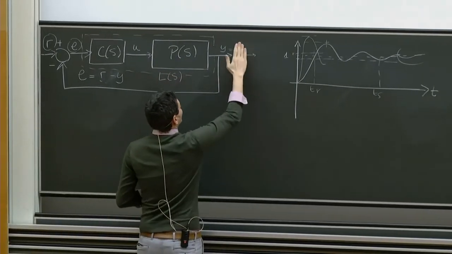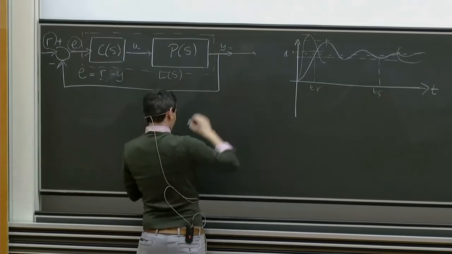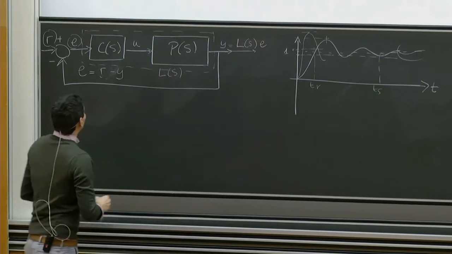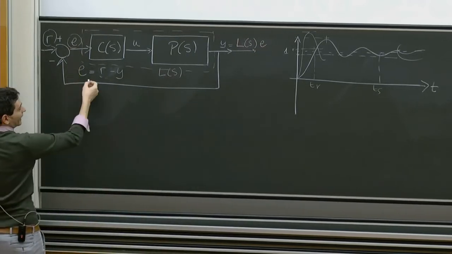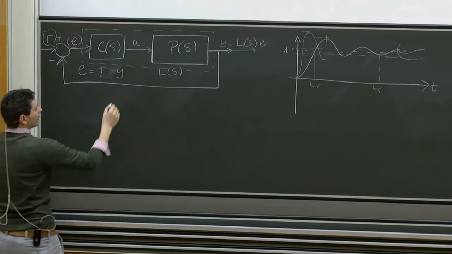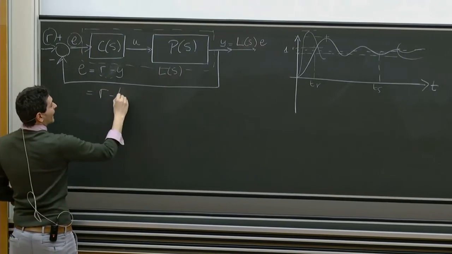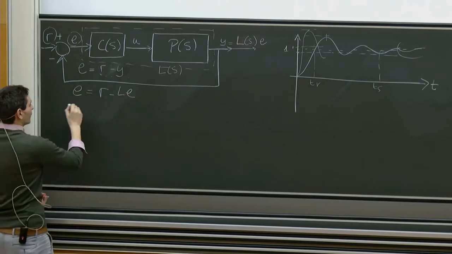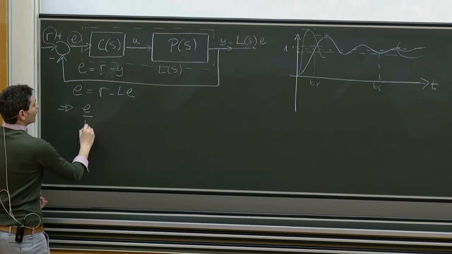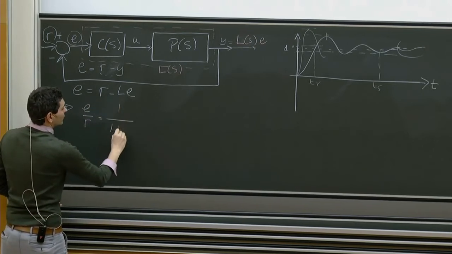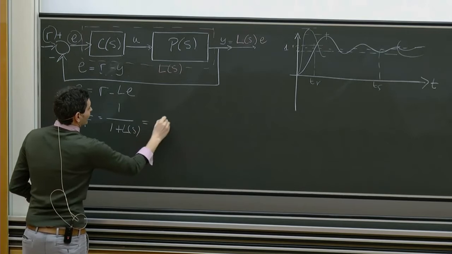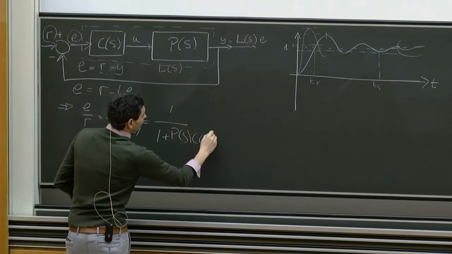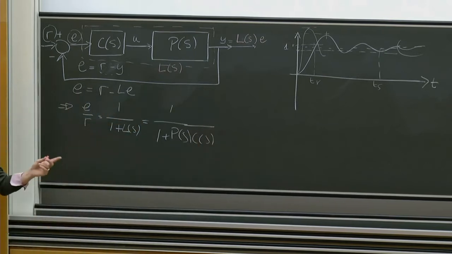So y would be equal to L of S times E, right? So from here, we see that E is equal to R minus Y, so this is equal to R minus L E, right? Trivial. So this means that E over R is equal to 1 over 1 plus L of S, which is 1 over 1 plus P of S times C of S. This is what we call the sensitivity function.